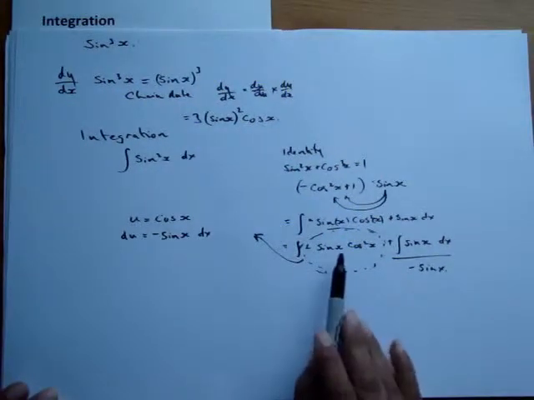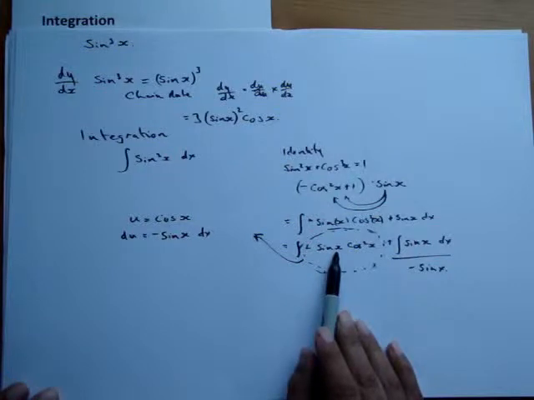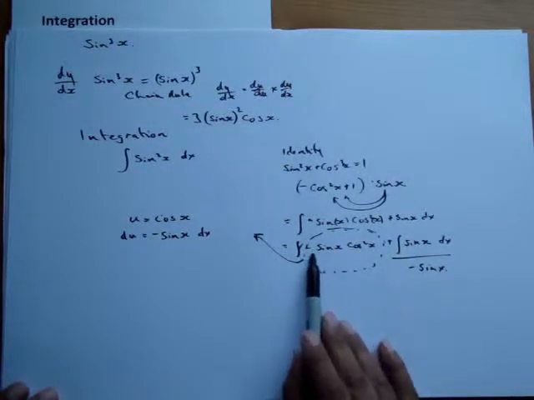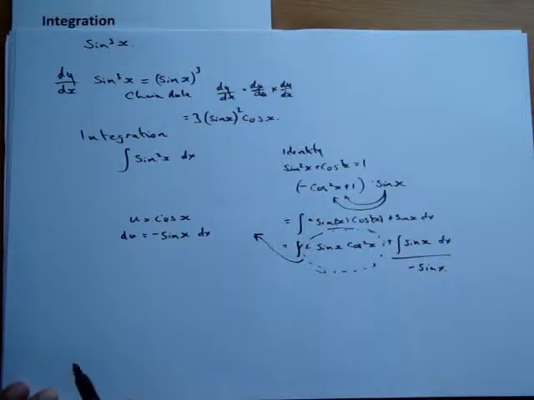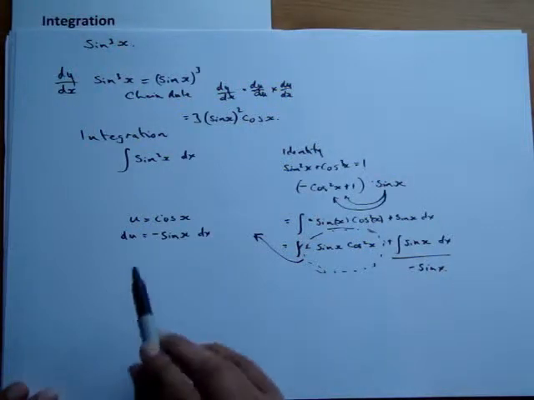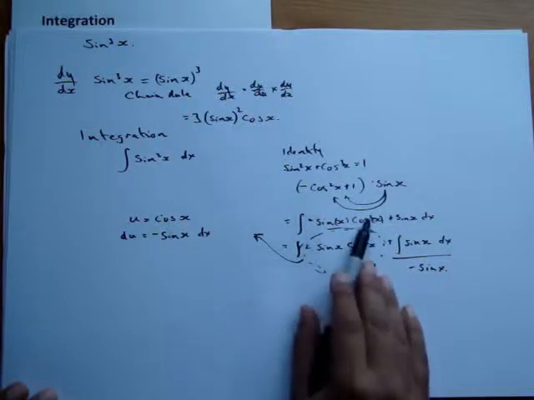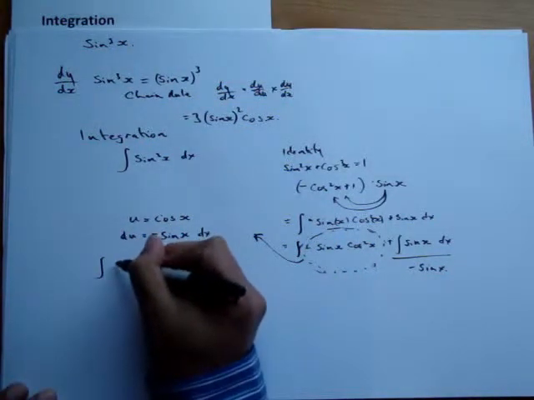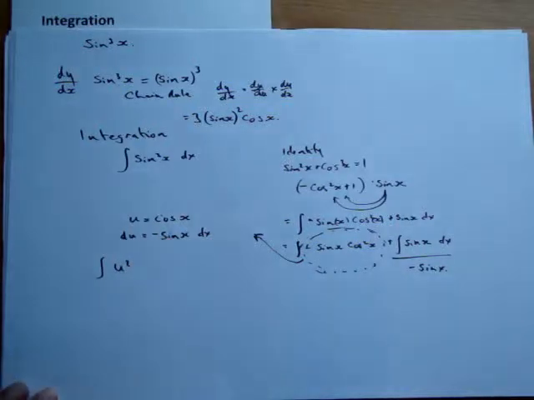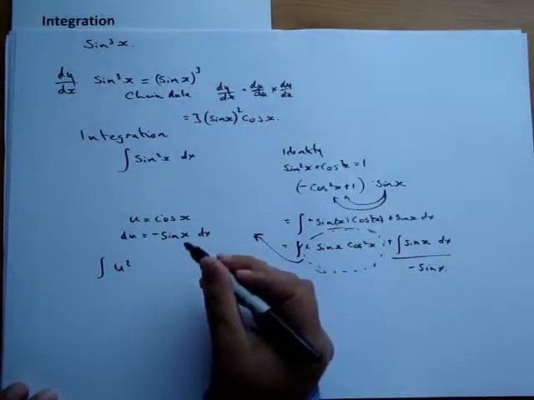So here we have a sine x and a minus sine x, so we're good to go. So this bit then becomes, cos squared x is u squared, the integral of u squared du.